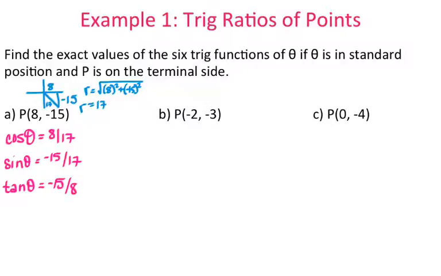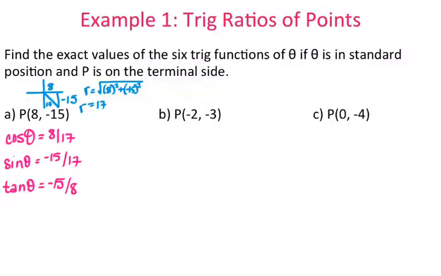You could also use your drawing because you have opposite, adjacent, and hypotenuse. So cosine is adjacent over hypotenuse, sine is opposite over hypotenuse, and tangent is opposite over adjacent. And once I have those 3, I can find the other 3.